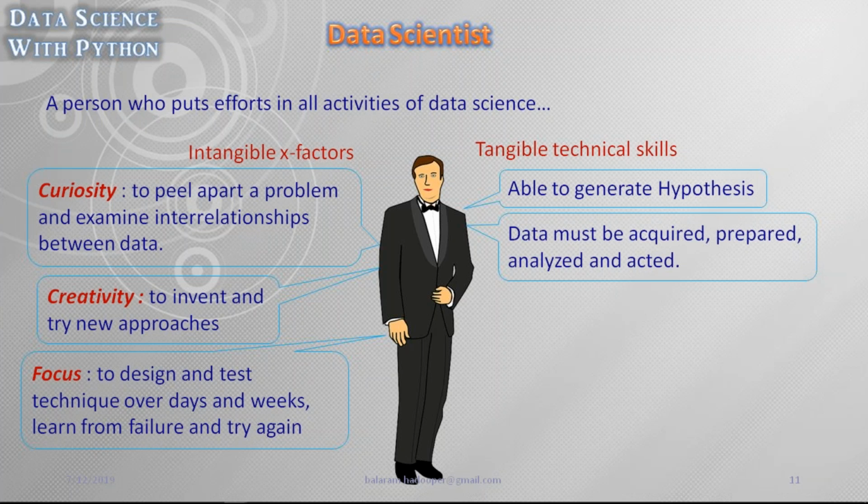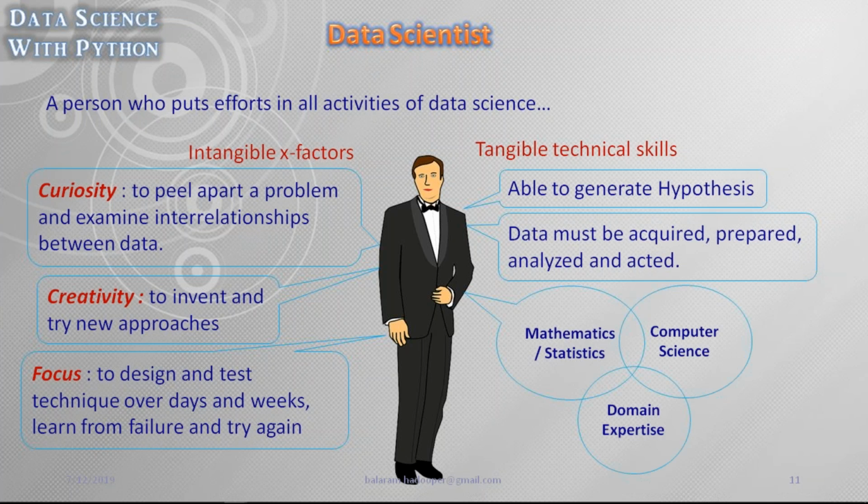He should be aware of acquire, prepare, analyze, and act. Mathematics, computer science, and domain expertise are the three key skills for the data scientist. Tangible technical skills you can learn, but intangible X factors you should build on your own. Nobody can teach you.